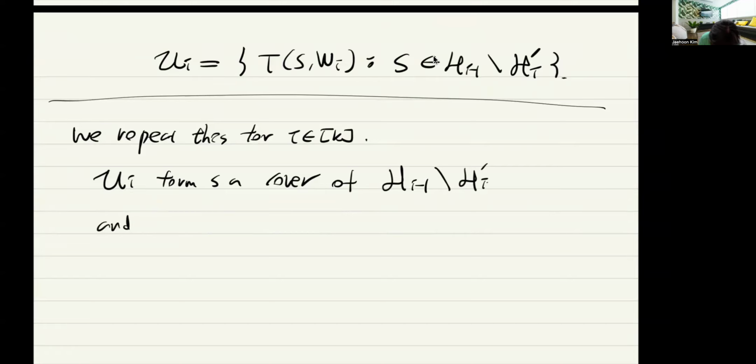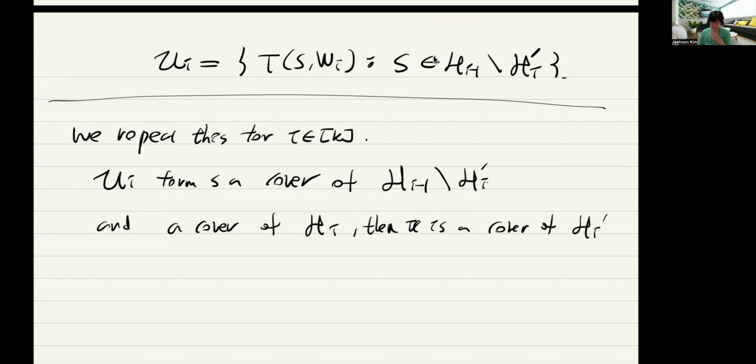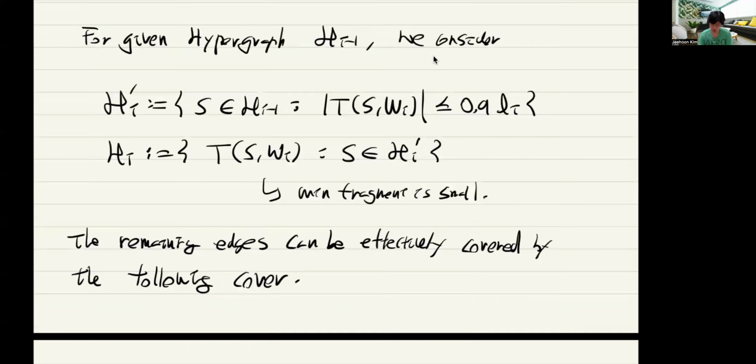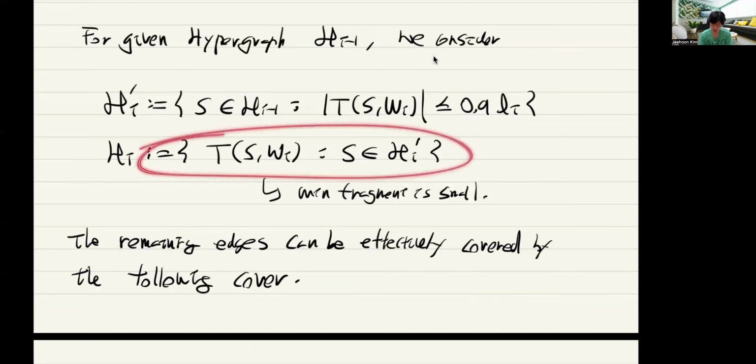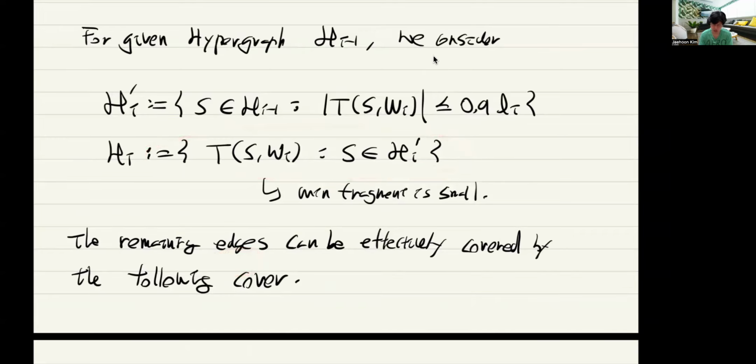And also if we find a cover of H_i, then it is a cover of H'_i. So if you have a cover for this, it means that for every set here, you can find a subset here.